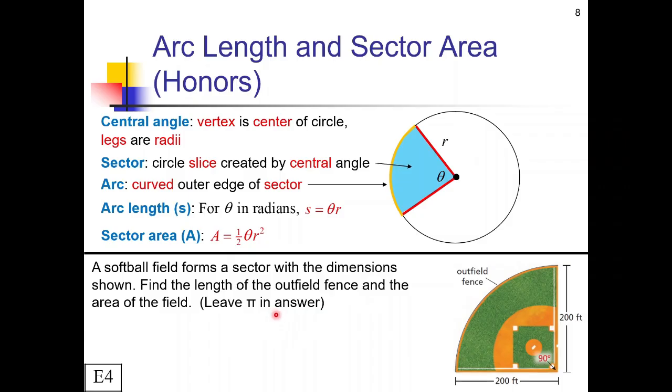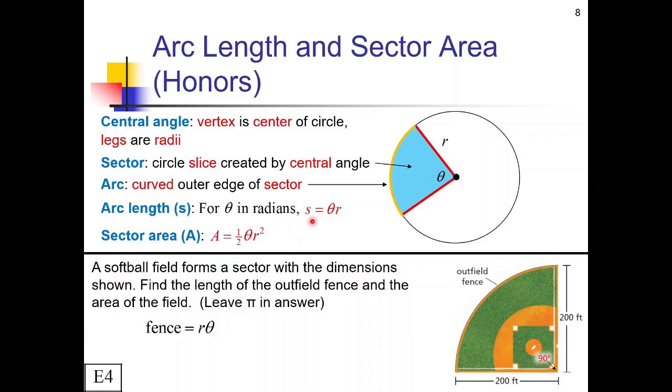All right, let's do the outfield fence first. That's going to be this arc length formula, theta times r. In this case, we've got an r value of 200. And then we also have the theta. They gave it as 90 degrees, but we need to use radians for both of these formulas.